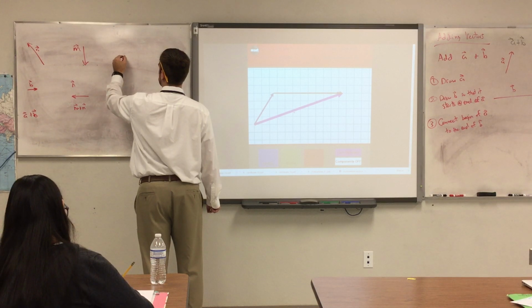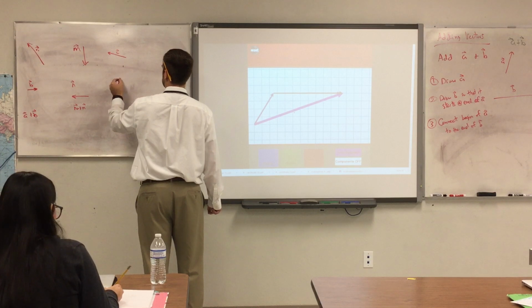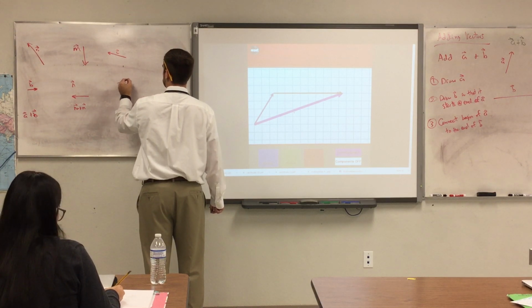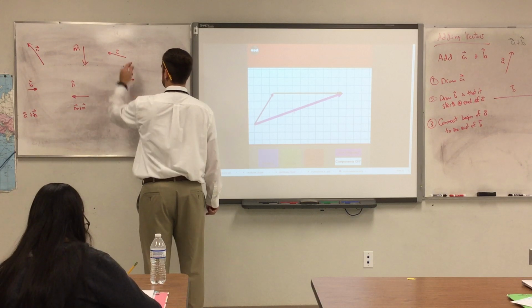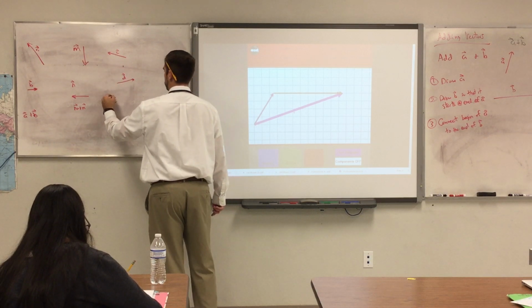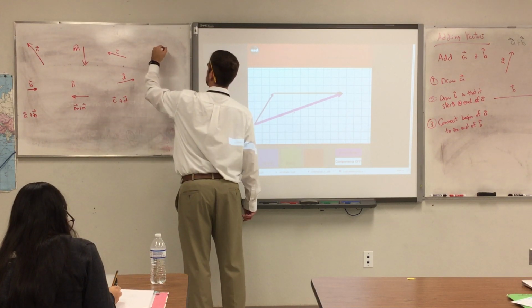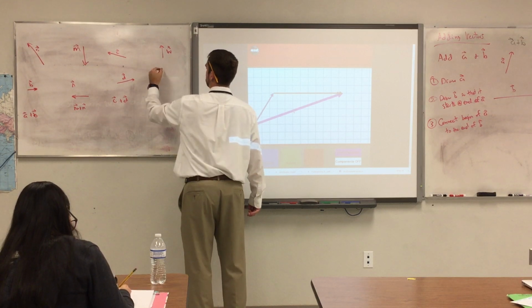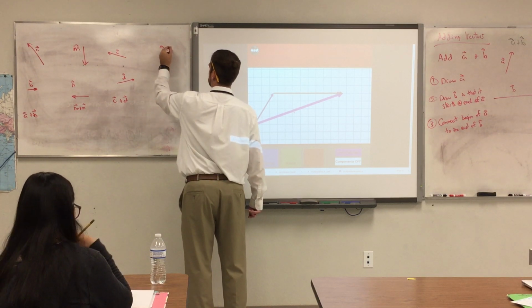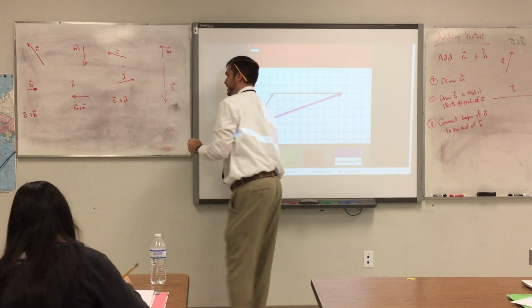C is going to be a little bit like that to the left. D is going to be like that to the right. There we go. Left, right, whatever. C plus D. W is up a little bit, X is down a lot.